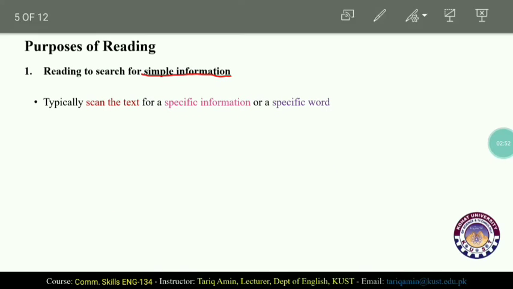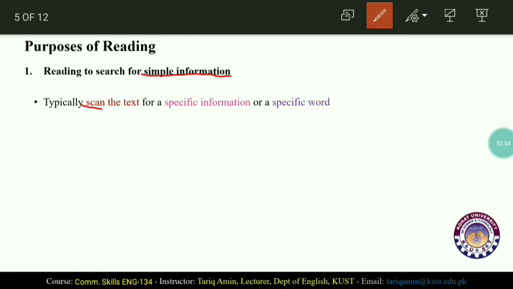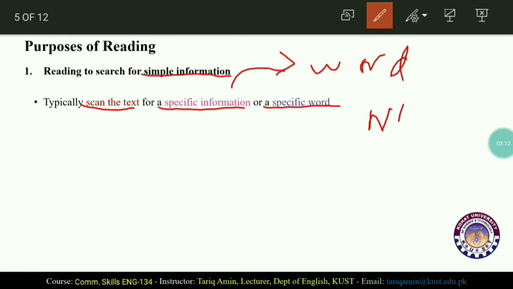Now, we typically scan the text. I've discussed the same point that when we read for simple information, we scan the text for specific information or a specific word. So our specific information can be in the form of a word, a number, figures, pictures as well, or it could be just a specific word.